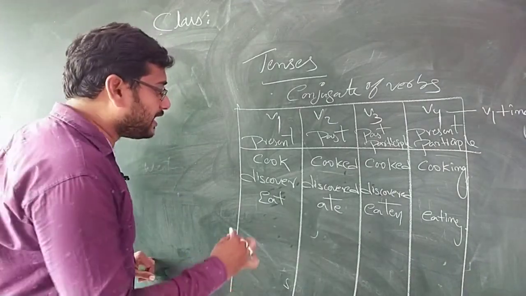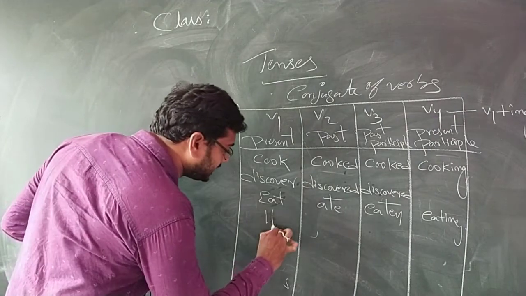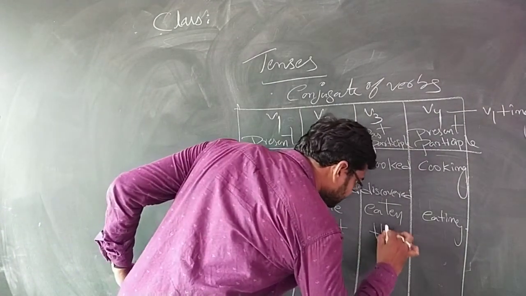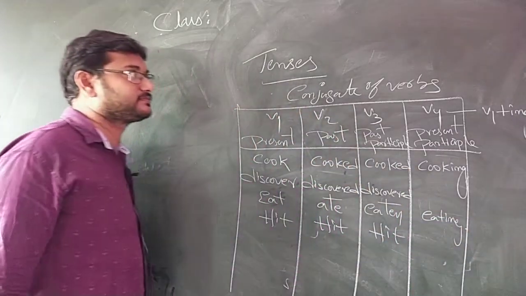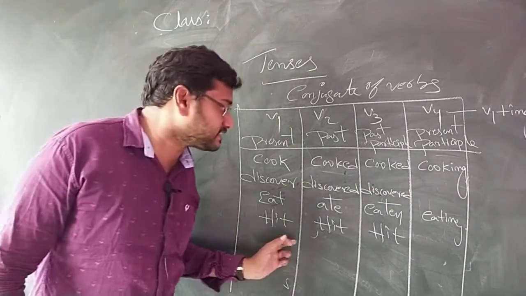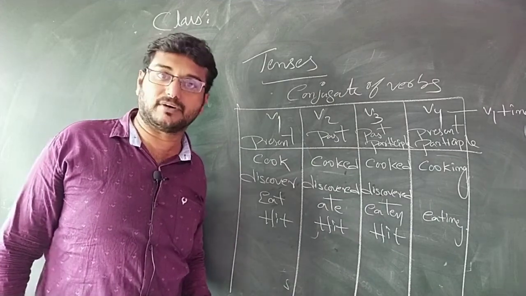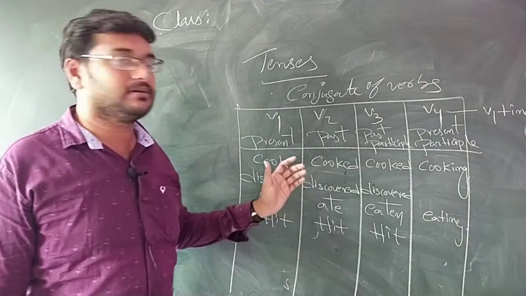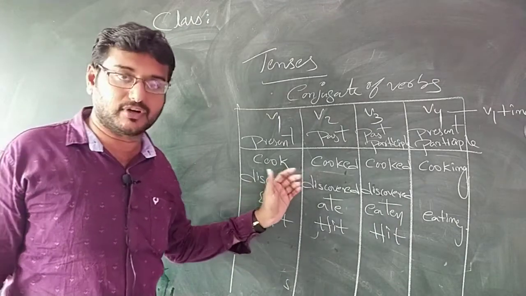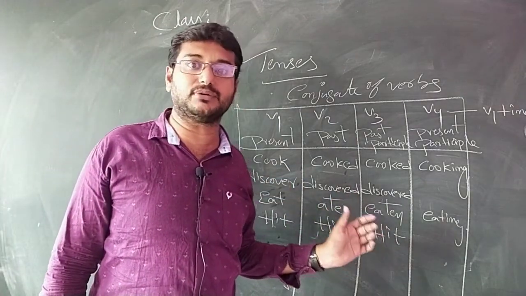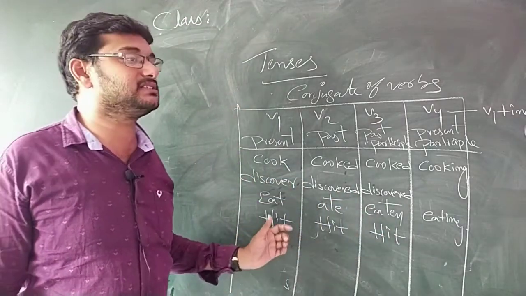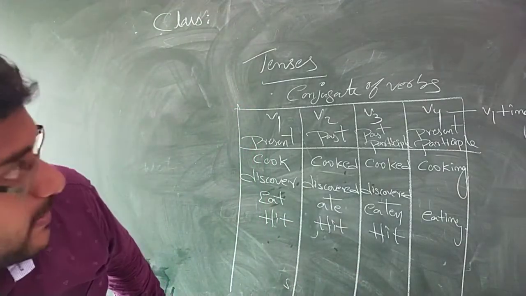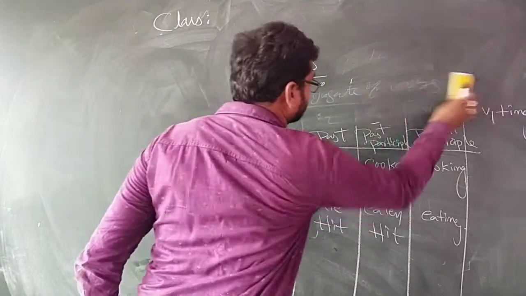Next example, unchangeable verb: hit, hit, hit, hitting. This type of verb is called an unchangeable verb. Now today what we have to do is write more than 10 regular verbs, 10 irregular verbs as well as as many unchangeable verbs as possible. So now let us start the topic tenses.